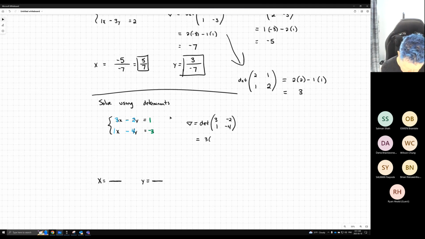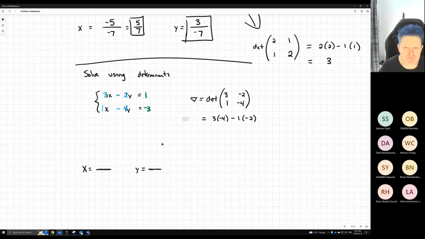That's going to be 3 times -4 minus 1 times -2. I think that's -10. So immediately I have half of the work done. That's the denominator for both my x and y.